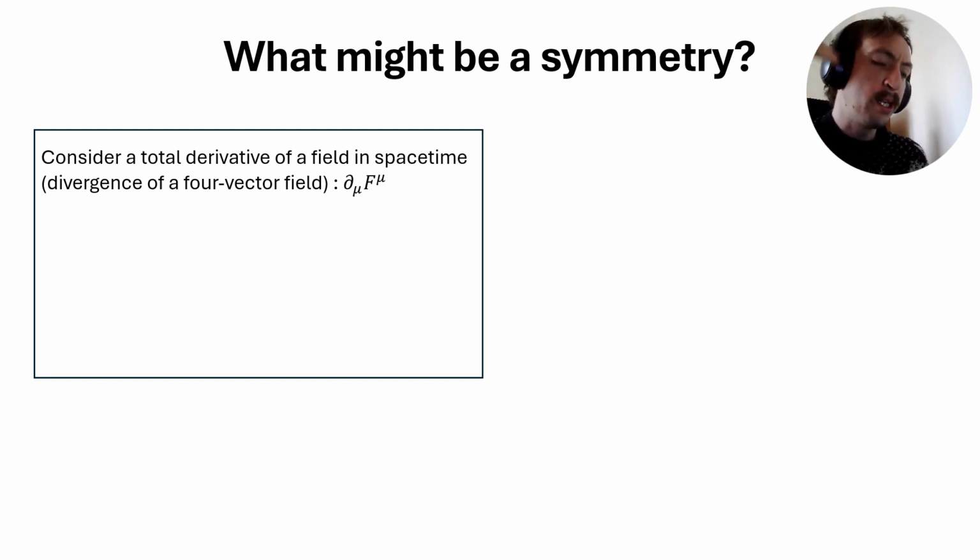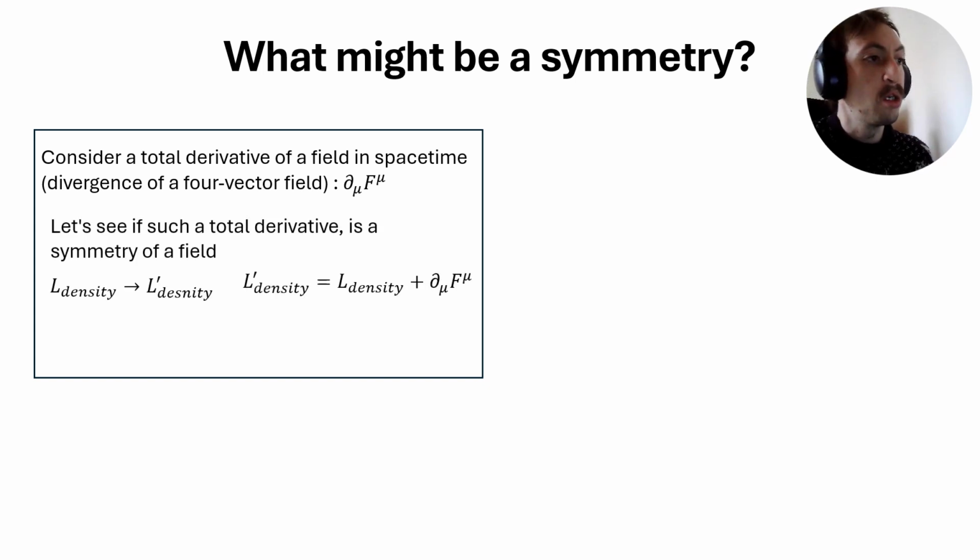So it's some measure of how much the field is either getting stronger or weaker, if you like to think of it like that. But we need to show that this divergence is a symmetry.